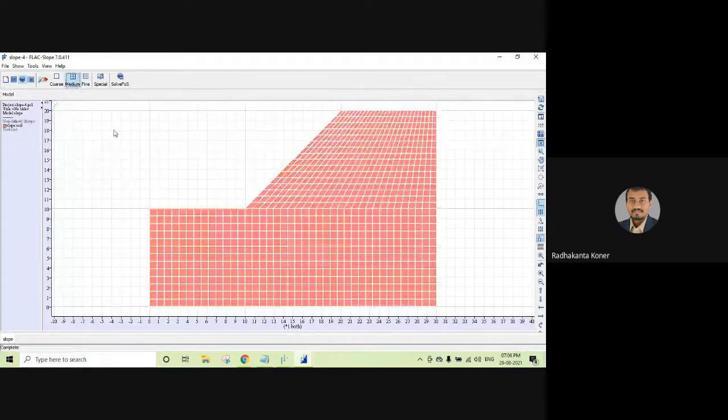Then I thought, okay, in the FLAC slope module, there is a specific toolbox with coarse, medium, fine. The student blindly told me medium, so he does not know what it means.